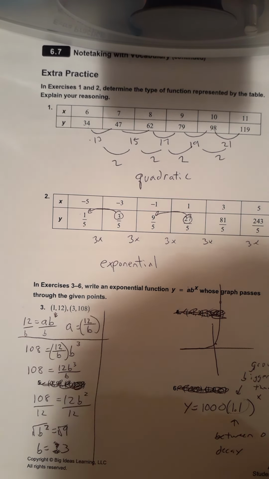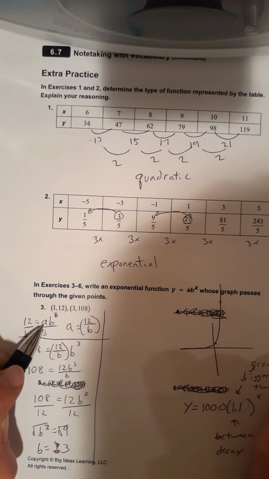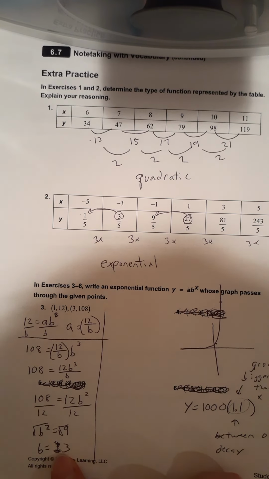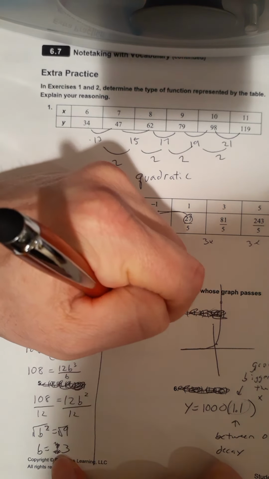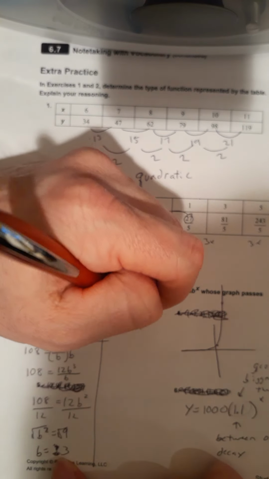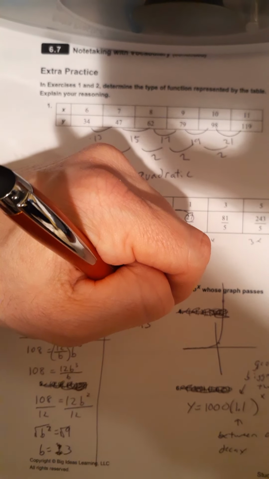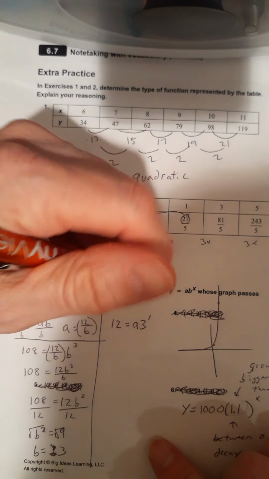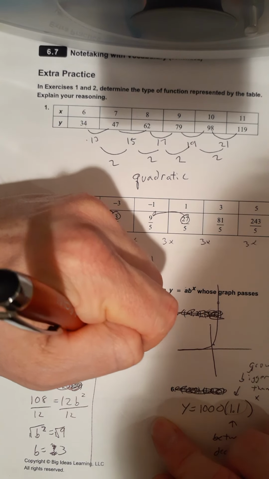And now I'm going to go back up to the original. So when I had that 12 equals AB to the first power, except now I know my B value is 3. So now I'm going to write 12 equals A, since B is 3, 3 to the first power. So now, well, that's going to be easy to solve. 12 equals 3A divided by 3.